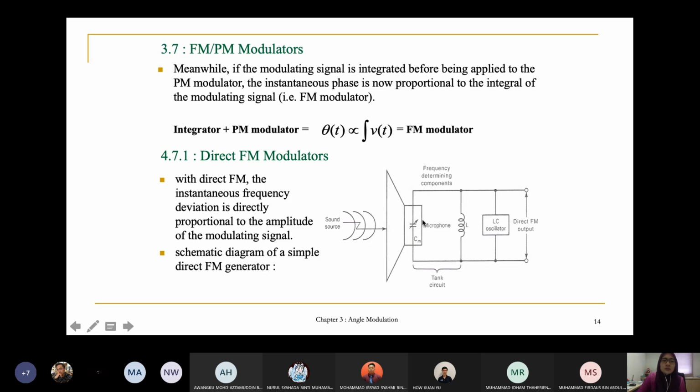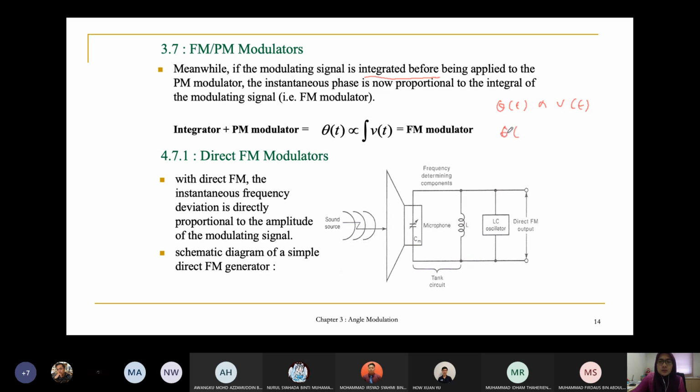Okay, so next, what happens if you have a PM modulator? For a PM modulator, theta t is directly proportional to the modulating signal Vt. But what happens if you integrate the signal Vt before it is applied to the PM modulator?